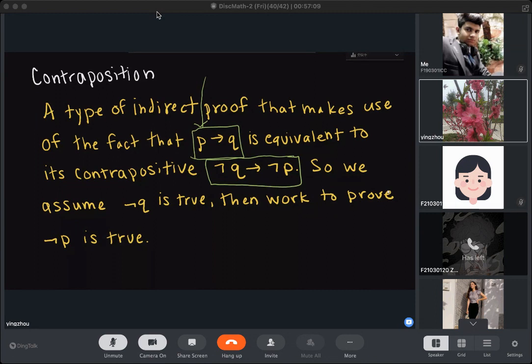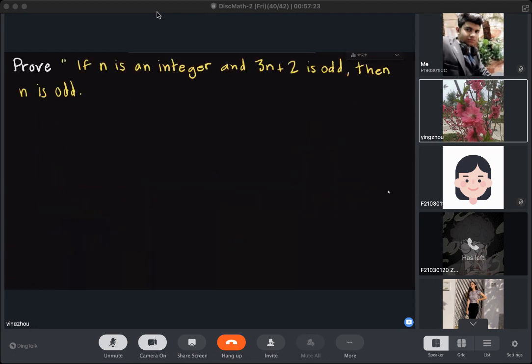In this contraposition proof, we're going to assume not Q, and prove not P is true. Therefore, by contraposition, if P then Q is also true.